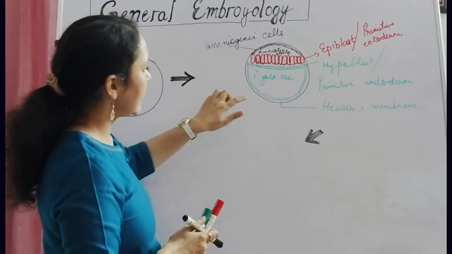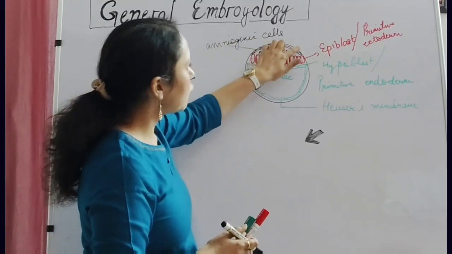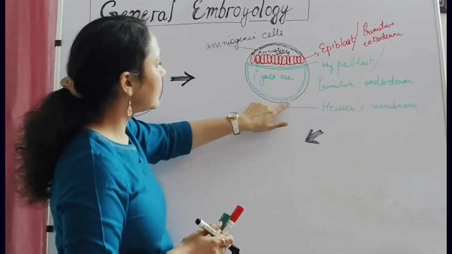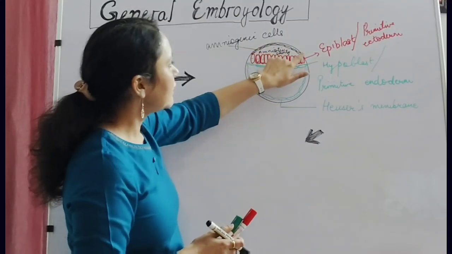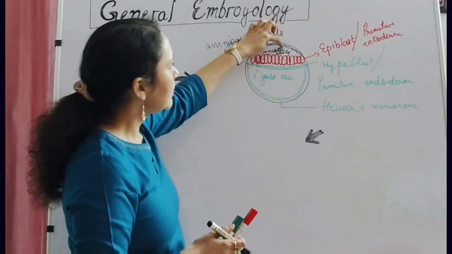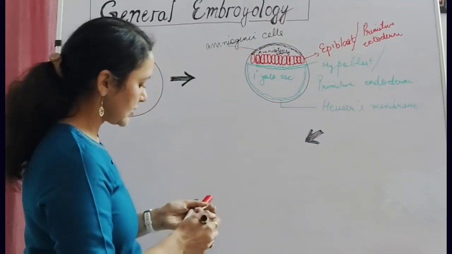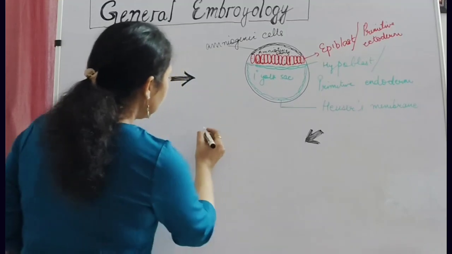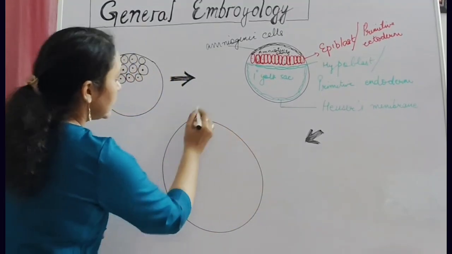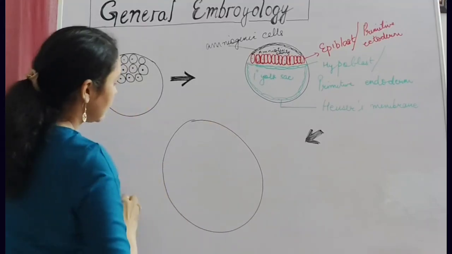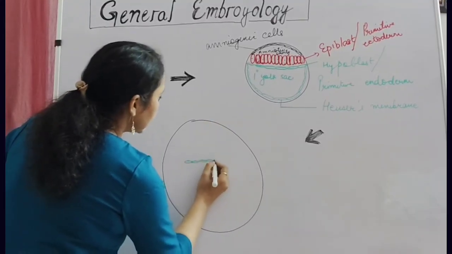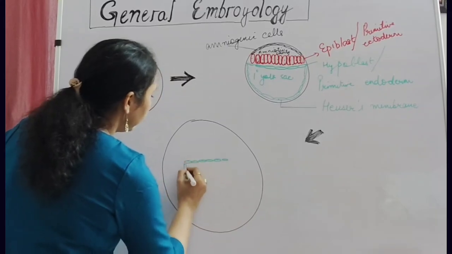Now what will happen in the next step? The cells of the trophoblast, the outermost one, now they will multiply and they will fill the space here. They will fill the entire space here between the Heuser's membrane and trophoblast, between these amniogenic cells and the trophoblast. Now, what will the changes be like? So, this bilaminar disc, the green one was the endoderm.